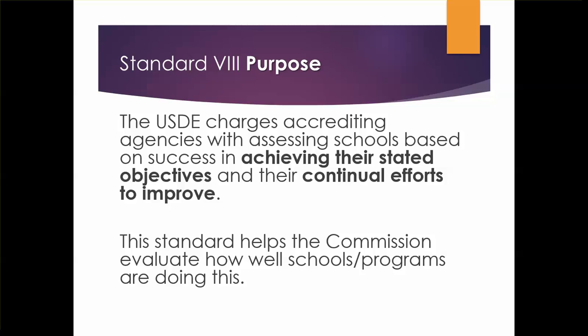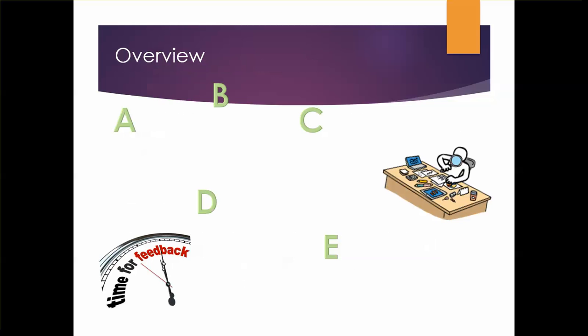That's part of our recognition criteria. So Standard 8 helps the Commission evaluate how well schools and programs are doing this, achieving your stated objectives and making continual efforts to improve.